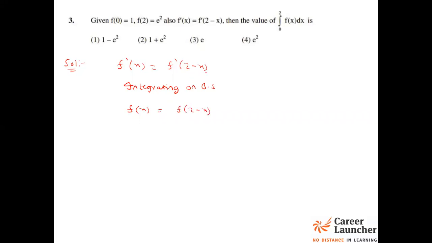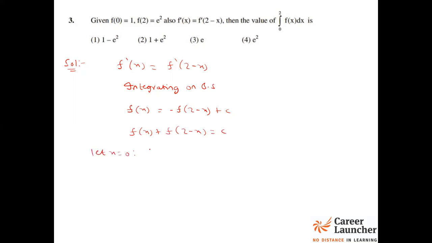Now we have to divide this with the coefficient of x, which is minus 1. So it will be minus of f of 2 minus x plus a constant c. Bringing the minus term to this side, f of x plus f of 2 minus x is equal to c. Now let us substitute x equal to 0 here.